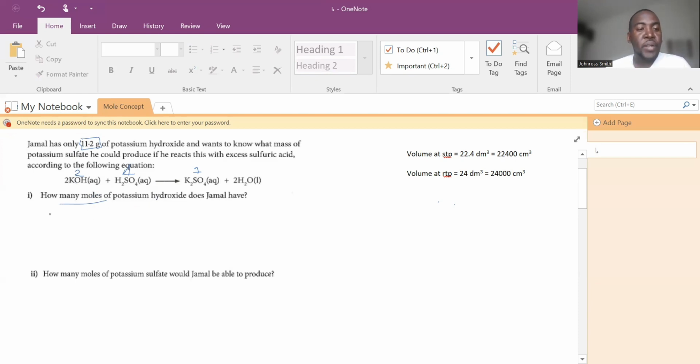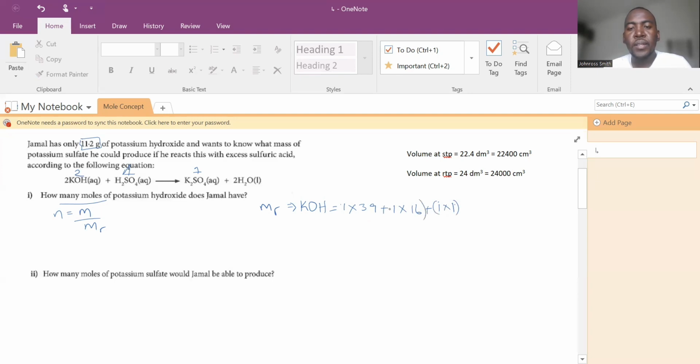Based on what we're given, we know that the mole is equal to the mass over the molar mass. Now the molar mass of potassium hydroxide, which is KOH: the K is 39, so it's 1 times 39, plus O, 1 times 16, plus H, 1 times 1.